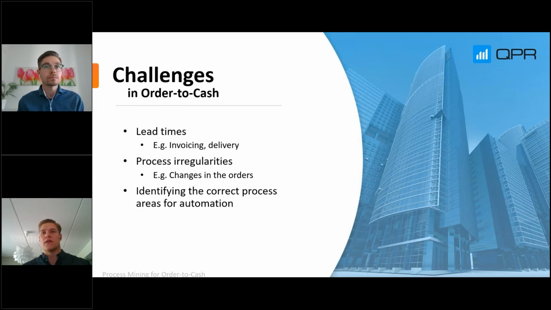You should first make sure that the process works as it is supposed to work, and it has no rework or no issues. Because if the basic process creates issues and creates errors, by automating such a process you only make errors faster. So you really don't want to see that. So with process mining, we can help you to first correct those issues in the process, and then help you choose the best places for automation.